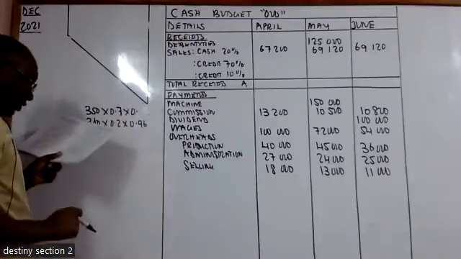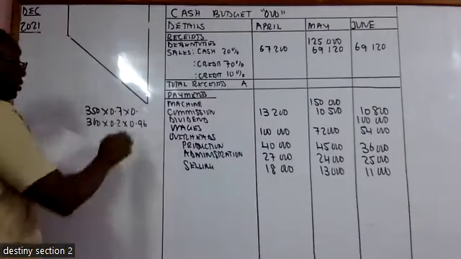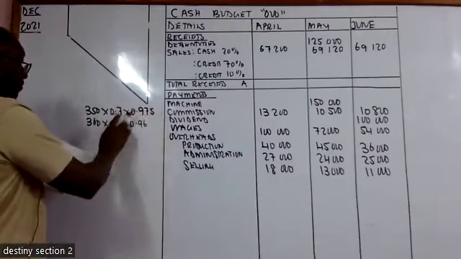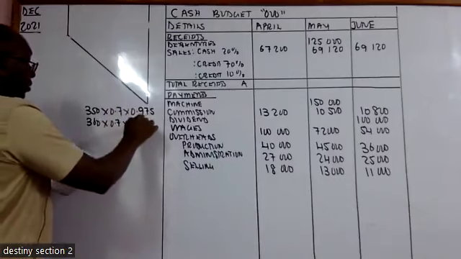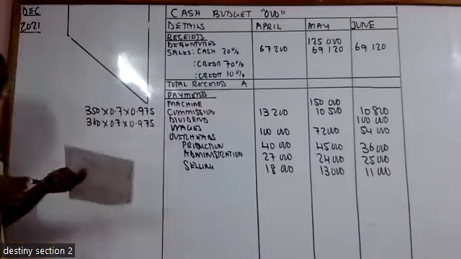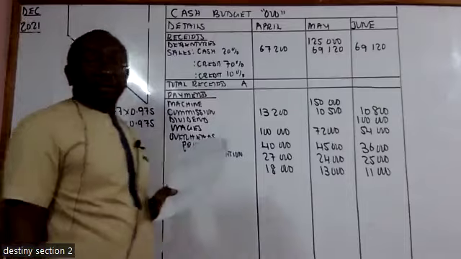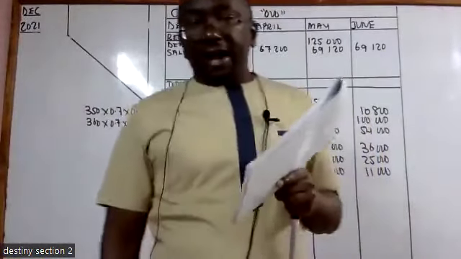But now they are enjoying a discount of 2.5, so it is 0.975. So tell me the first one. 350 times 0.7 times 0.975.